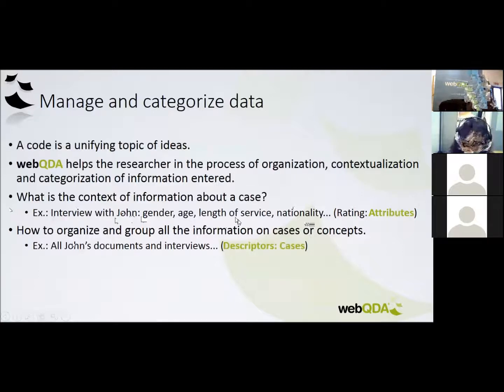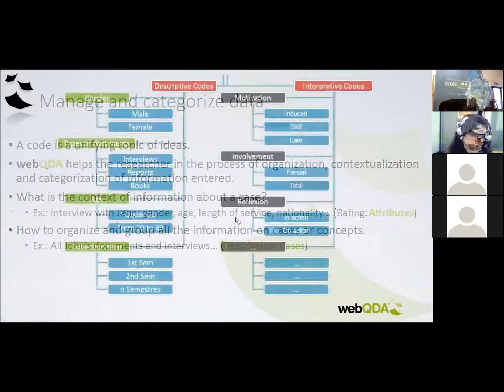And we can also group all the information regarding one specific participant. For instance, imagine that you conducted a focus group at 3 different times, and you need to tell the software that these different focus groups were conducted with the same person. So to do that, we will use the tool cases.